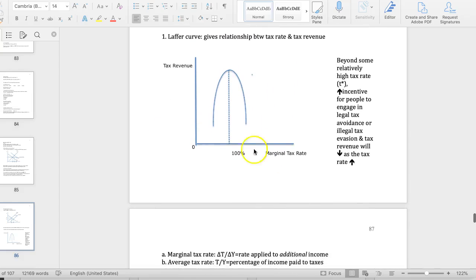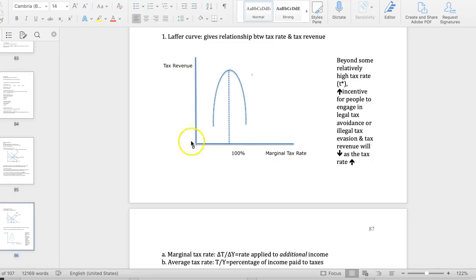Okay, I'm going to touch on the Laffer curve. The Laffer curve ties into the tax rate in a very important way. The Laffer curve gives the relationship between the marginal tax rate and the tax revenue. Remember that the marginal tax rate is the tax rate paid on the last dollar earned, different than your average tax rate.